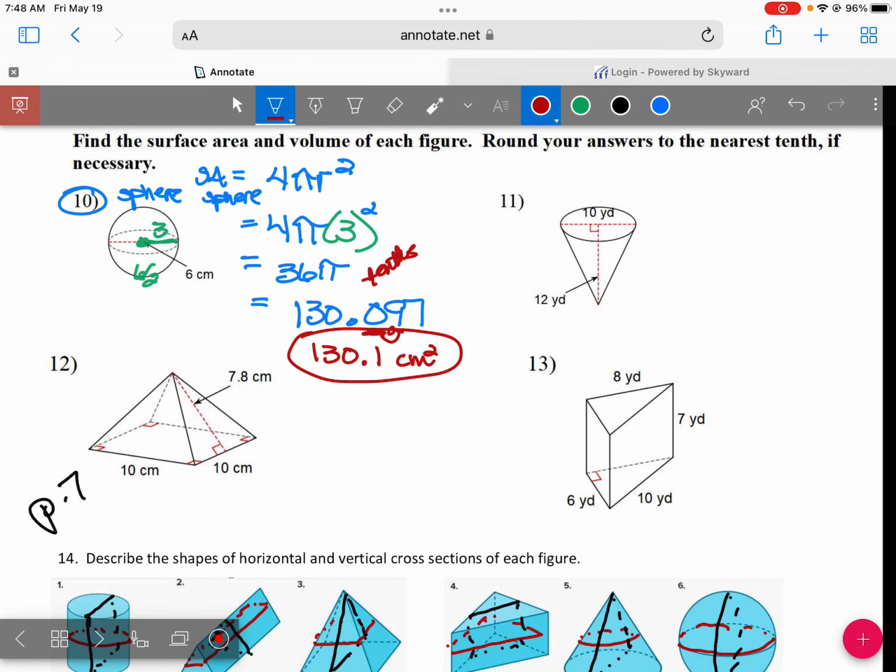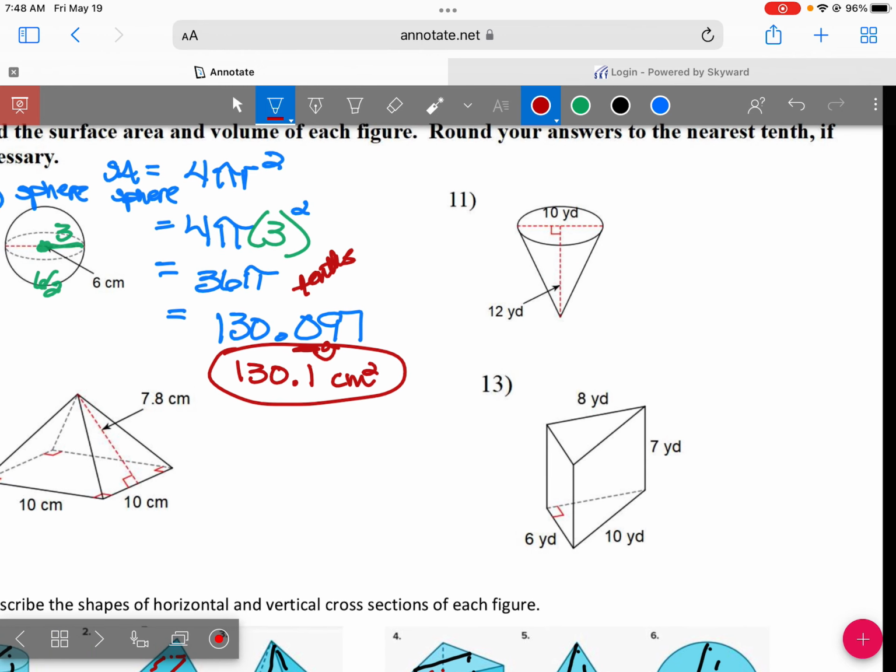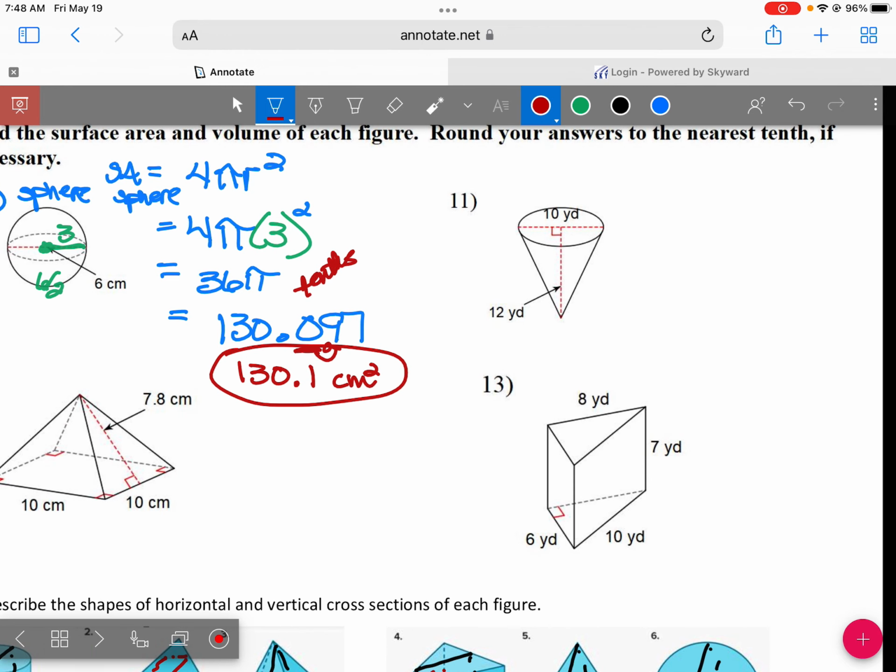Okay, volume. The sphere is like one of the nicest ones to do for surface area and volume because the formulas are very straightforward. So volume is 4/3 pi r cubed. So 4/3 times pi times my radius.